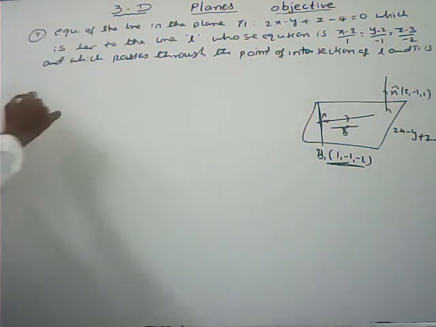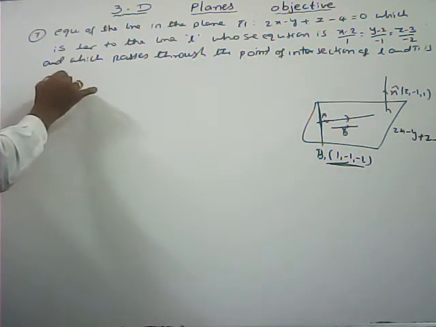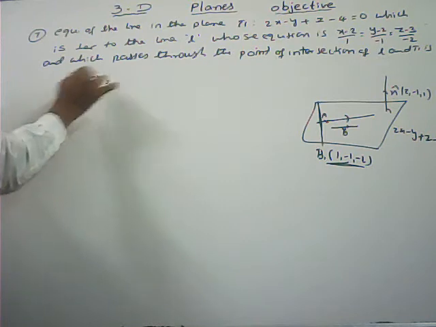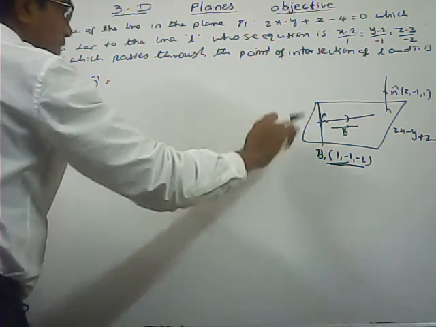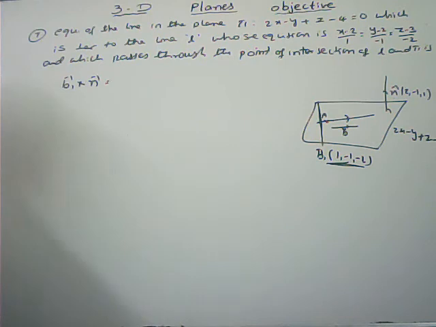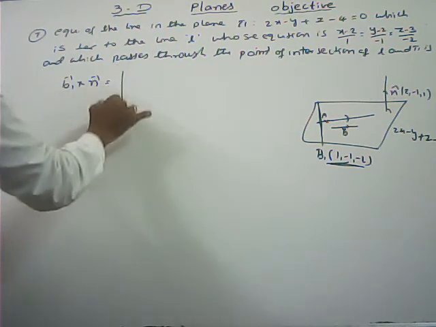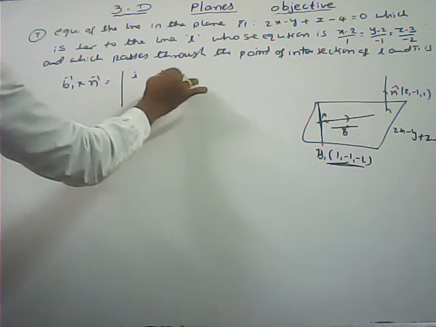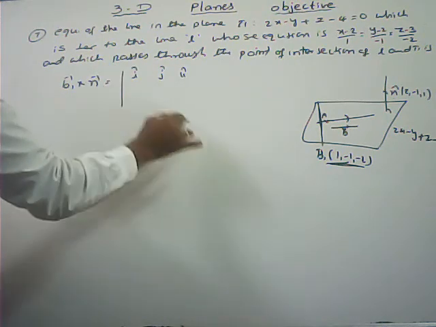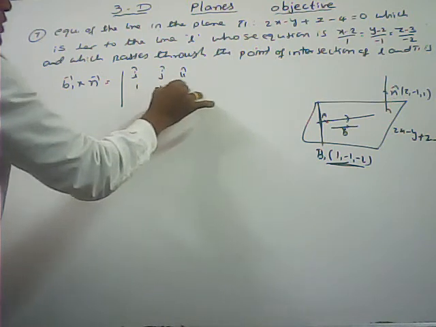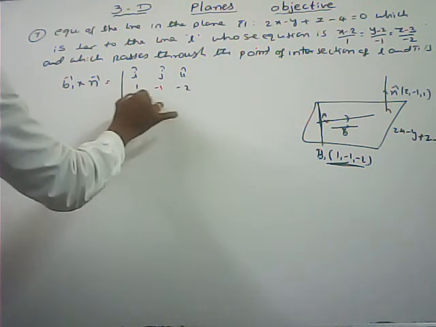Their cross product only, B1 bar cross n bar. So B bar is in the direction of the cross product of B1 bar and n bar. Determinant of i, j, k. B1 bar: 1, minus 1, minus 2. n bar: 2, minus 1, 1.